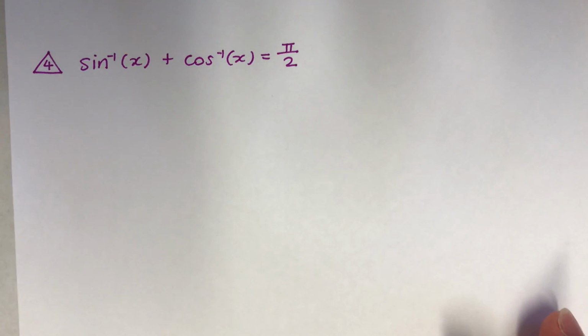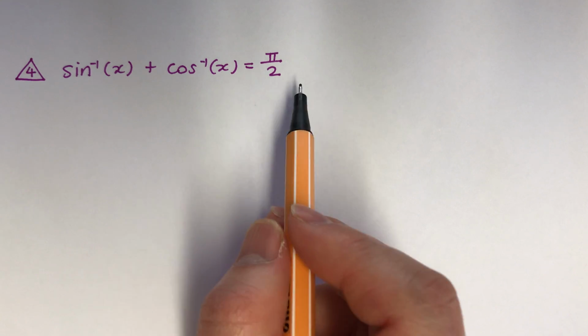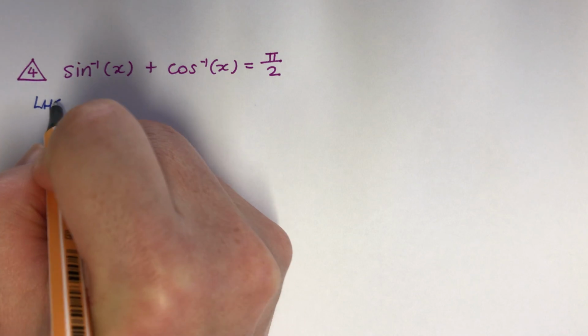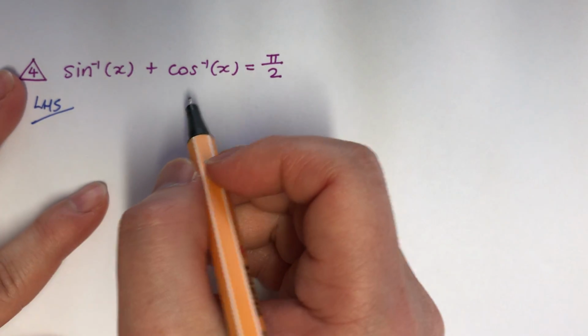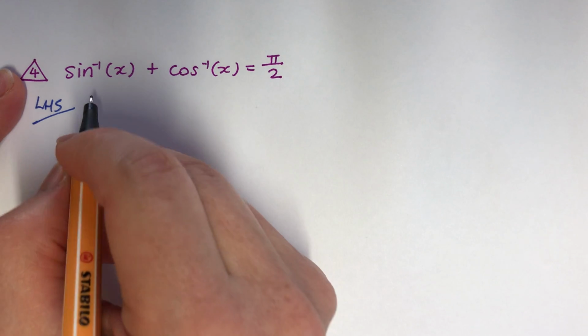Next one we have to prove is inverse sine x plus inverse cos x equals pi over 2. Well, let's have a look. I'm going to have a look at the left hand side here. Okay, proving. So let's have a look.